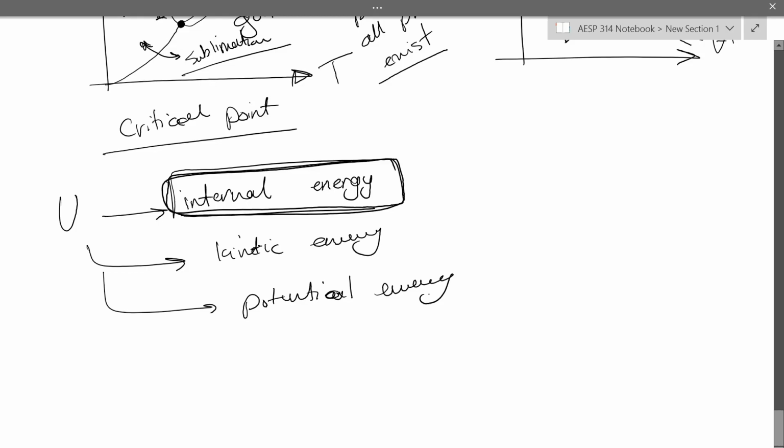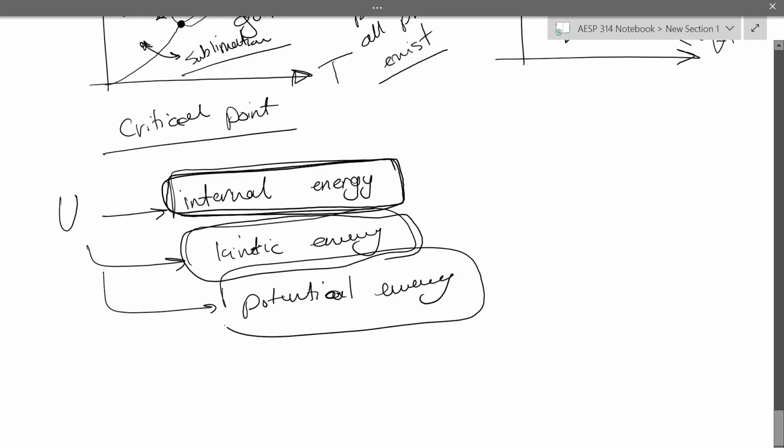Internal energy, it is obvious from its name. It is the energy that is contained within the system, right? So essentially the energy of the molecules of the system, the bulk of the molecules, all of it together. But kinetic energy is of course different, and potential energy, we have already seen these before. But in most of our analysis, we just ignore kinetic and potential energy, and we're going to see why later on.